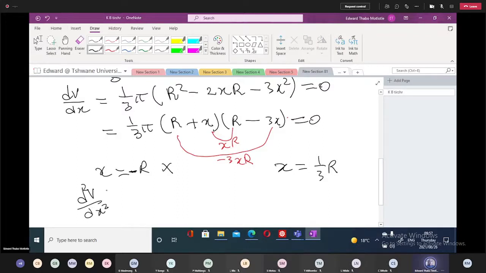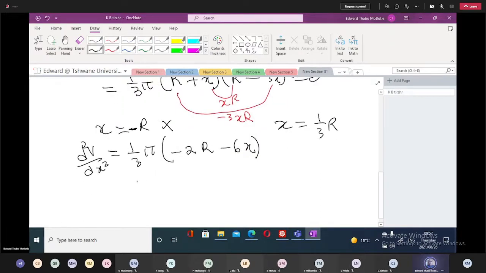Now I'm going to differentiate this one with respect to x. I'll keep the constant. Differentiating this one is going to be minus 2R minus 6x.